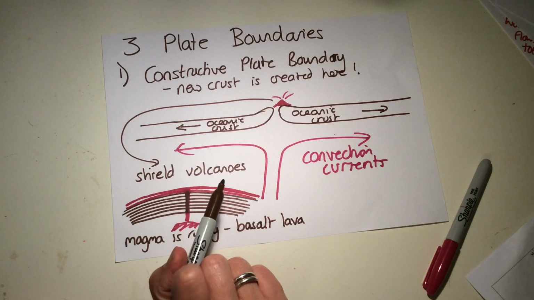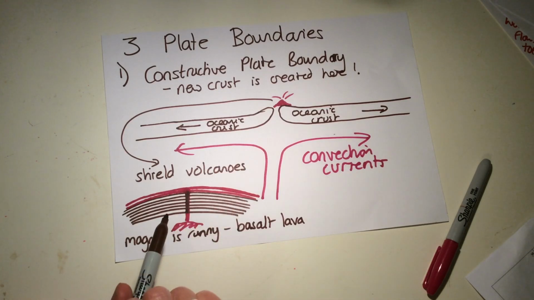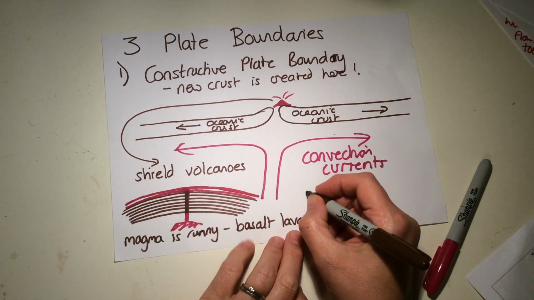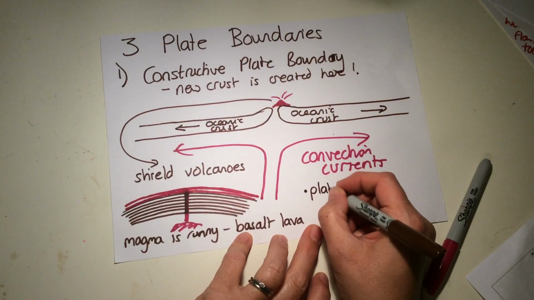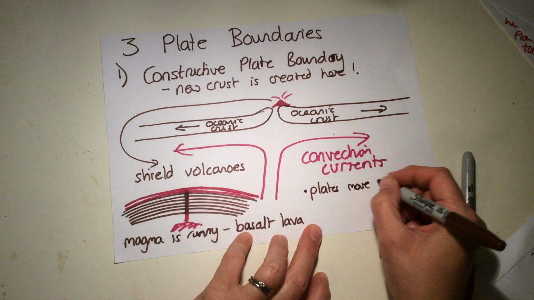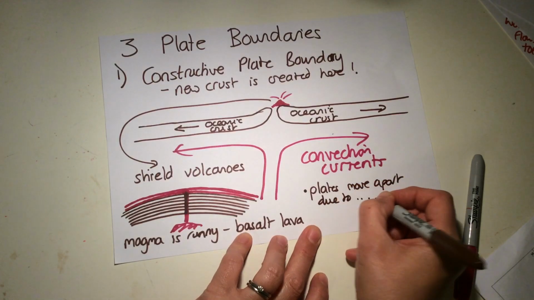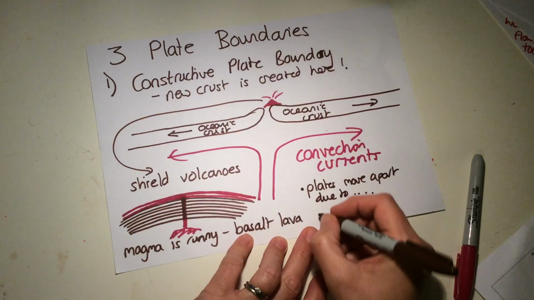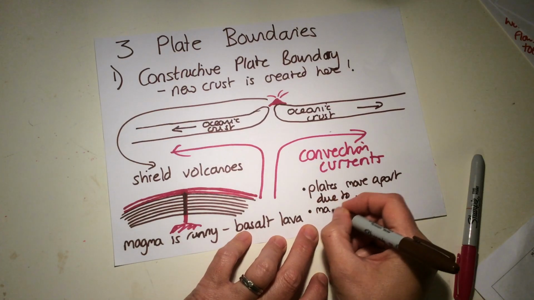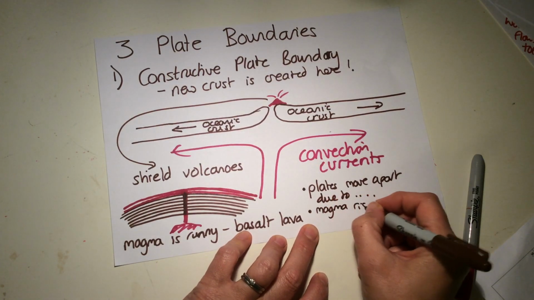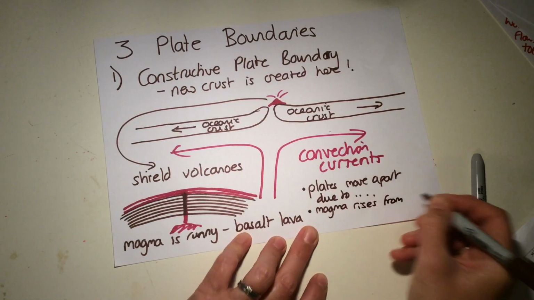So at this plate boundary we have shield volcanoes because the plates move apart due to convection currents in the mantle. Magma rises from which layer?